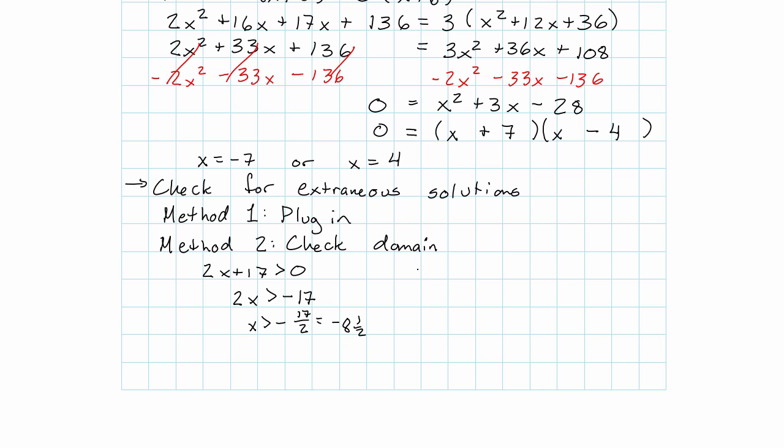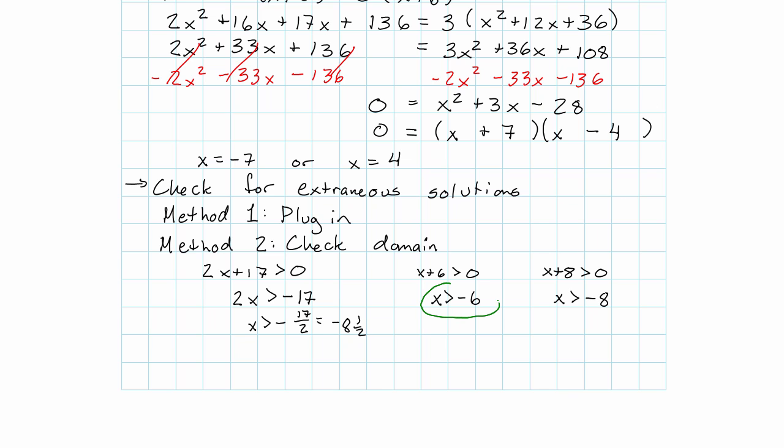Our second log, we have argument x plus 6. So we need x is greater than negative 6. And our third argument, we have x plus 8. So we need x is greater than negative 8.